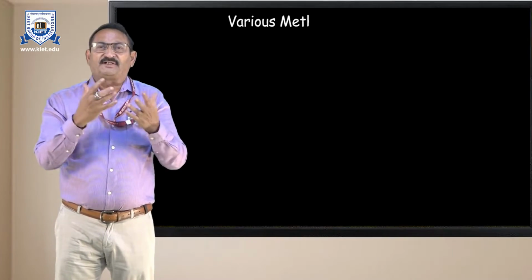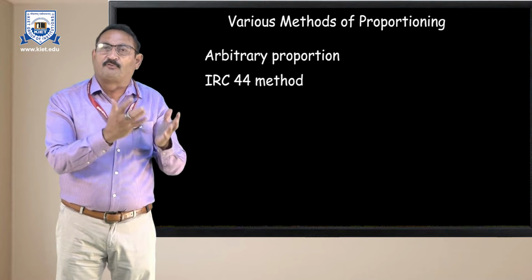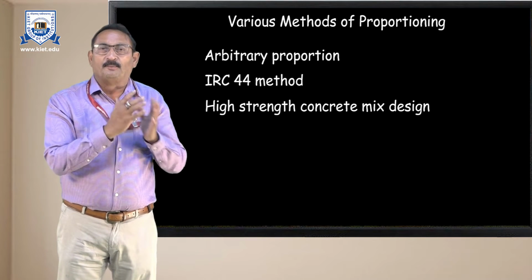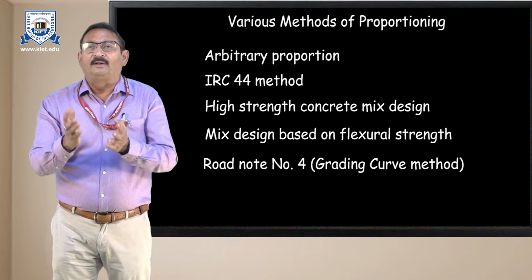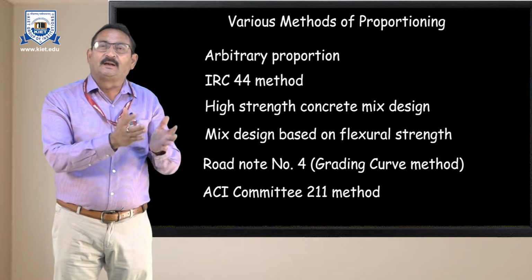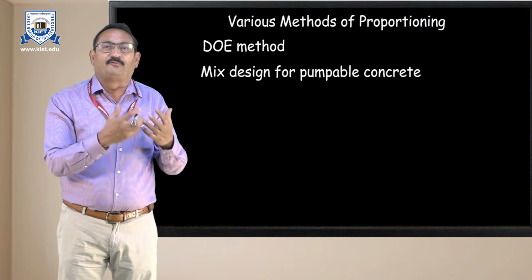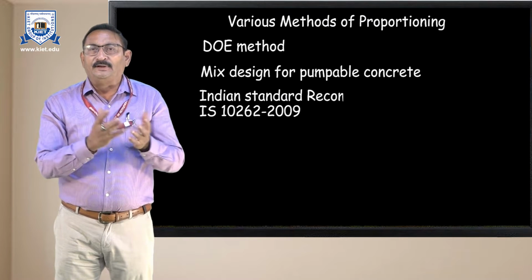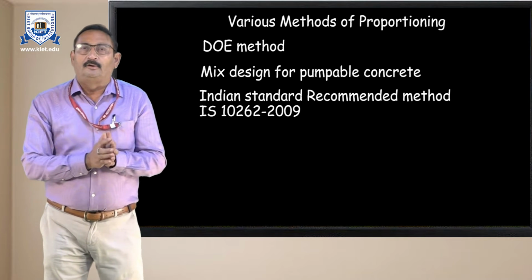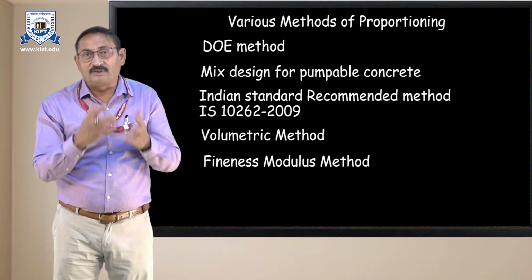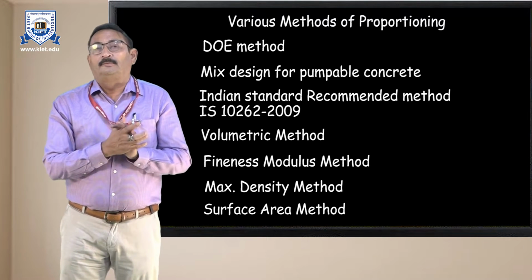Now, the various methods of mix proportioning are: arbitrary proportion, IRC 44 method, high strength concrete mix design based on flexural strength, Road Note number 4, that is grading curve method, ACI Committee 211 method, DOE method, or you can say mix design for pumpable concrete method, Indian Standard recommended method, that is IS 10262:2019, volumetric method, fineness modulus method, maximum density method, and surface area method.